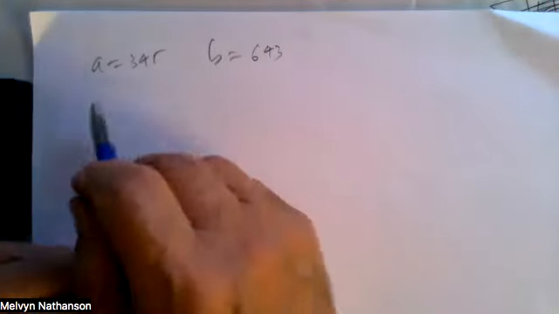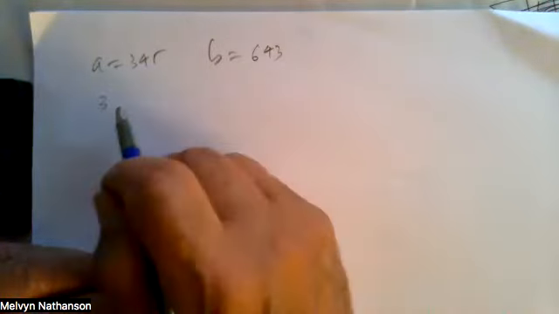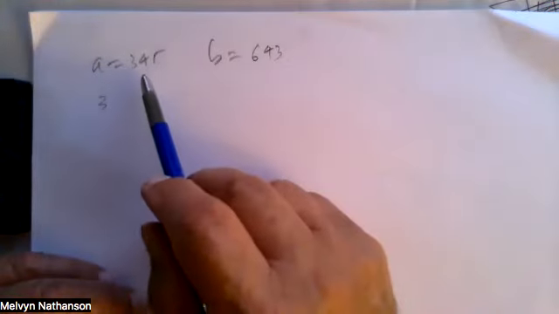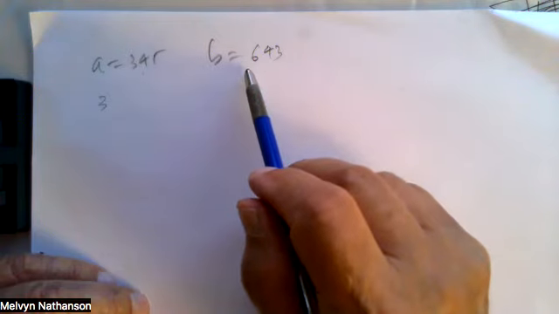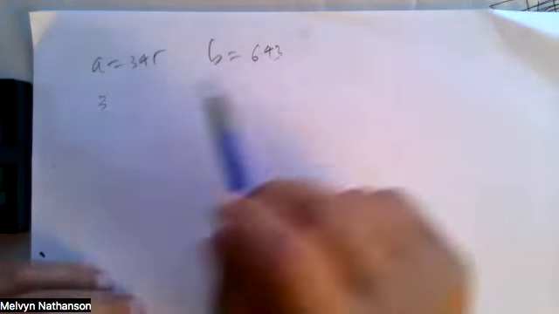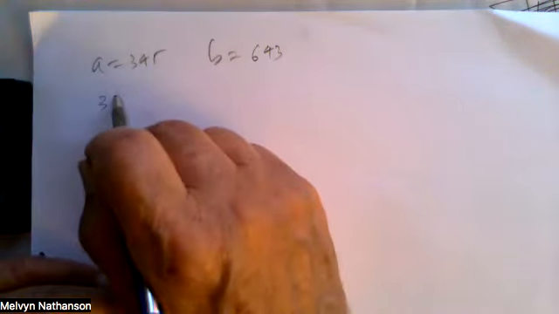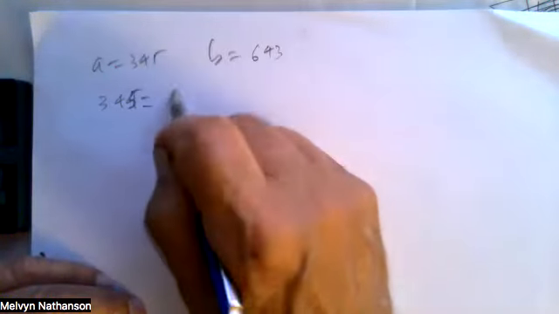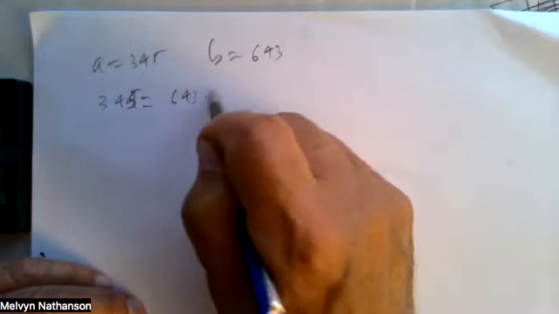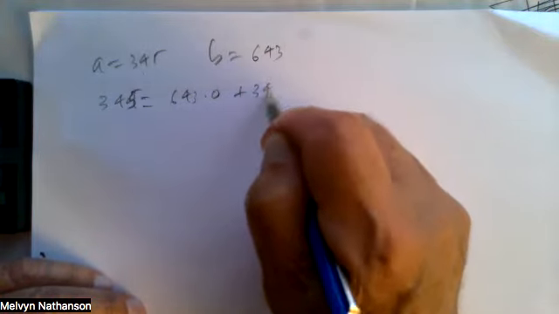So I can say take 345. Now, as it happens, this A is not bigger than B, it's smaller. But if I just do the first step, you'll see everything reverses. 345 divided by 643 leaves a quotient of 0 and a remainder of 345.